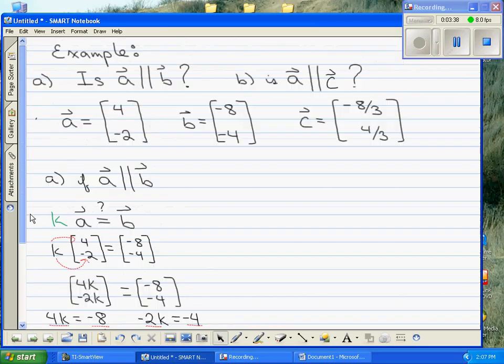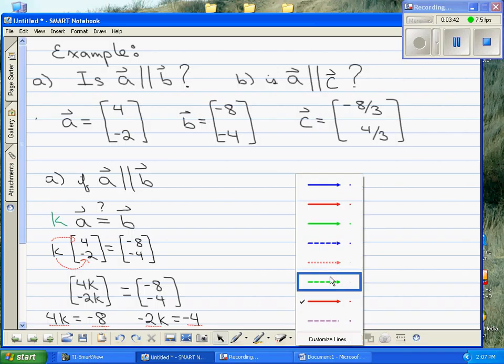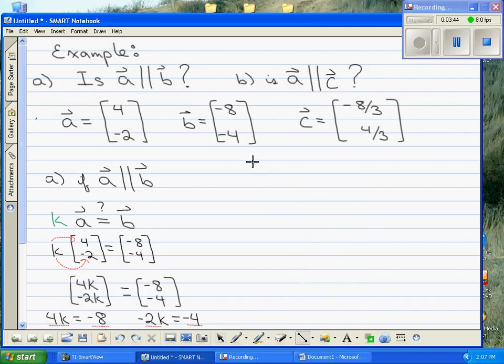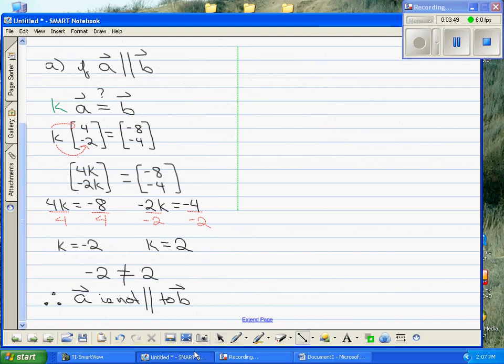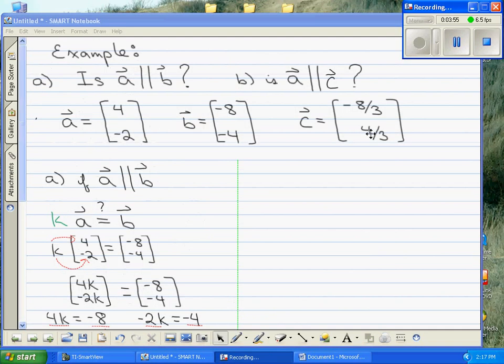Moving on, I will now try to solve for vector C. Let me just put a little line in between these two to separate my work. Let me extend the page a little and carry this line further. Well, the next thing I want to find is, is vector A parallel to vector C?